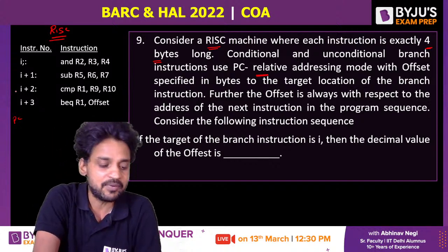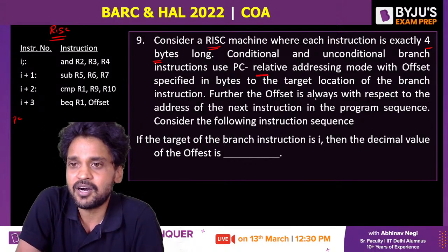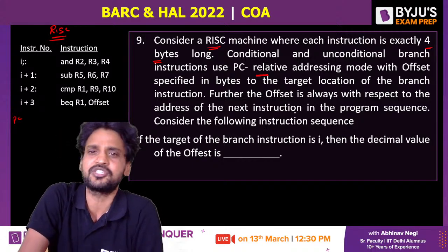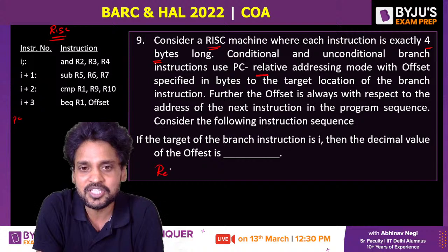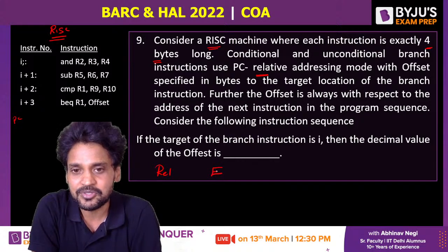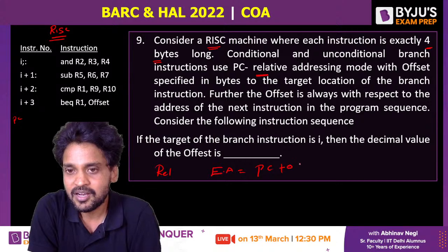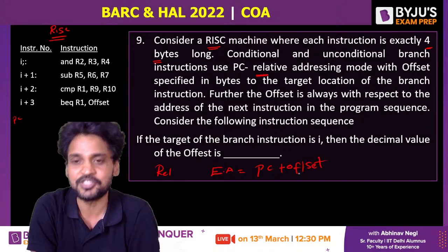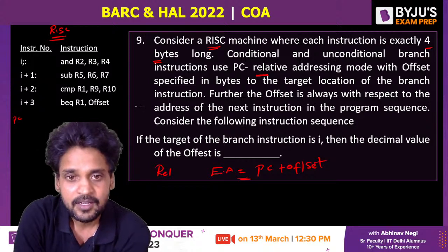That is how relative addressing mode is calculated. Further, the offset is always with respect to the address of the next instruction. We know how relative addressing mode works. In the relative addressing mode, effective address is equal to program counter plus the offset specified in the instruction. This is how the effective address will be calculated, right?